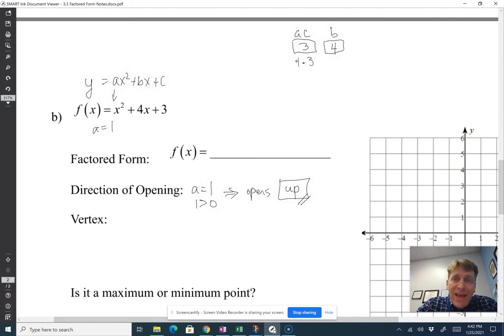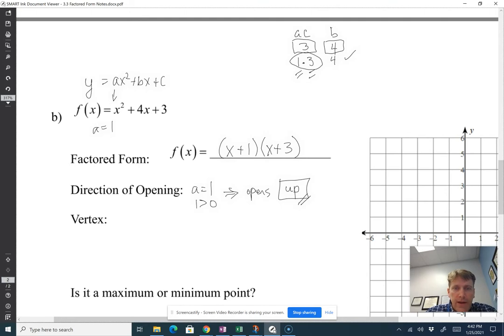They could both be negative, but since B is positive, they'll both be positive. So 1 times 3 is 3, and 1 plus 3 is 4. So these are the numbers that we're looking for, which is nice. That means we can write this as x plus 1 times x plus 3, using the numbers 1 and 3.